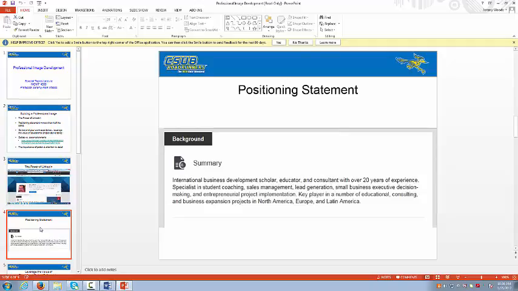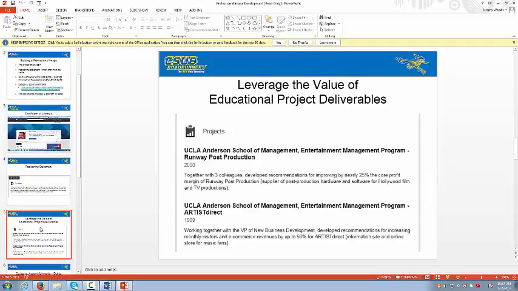It'd be totally different than what's here because I'm trying to pitch myself as a music industry professional, not as a professor. Since I'm a professor now, this is what it looks like. So for each of you, depending on whether you want to go into banking or marketing or IT, you're going to put different stuff here depending on what it is that you want to go into. So that's the positioning statement.